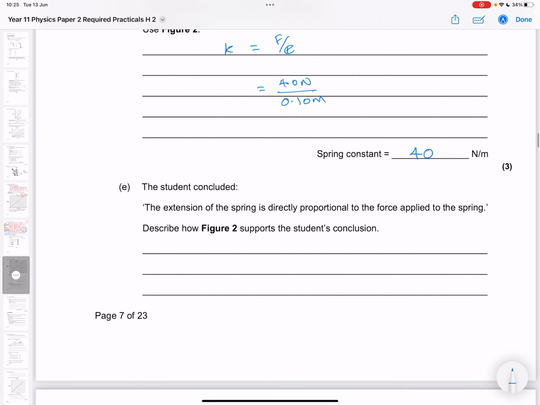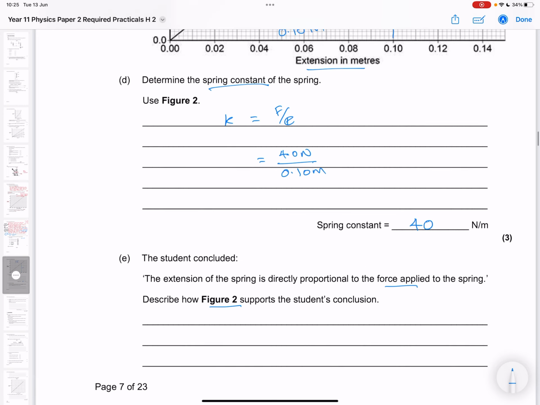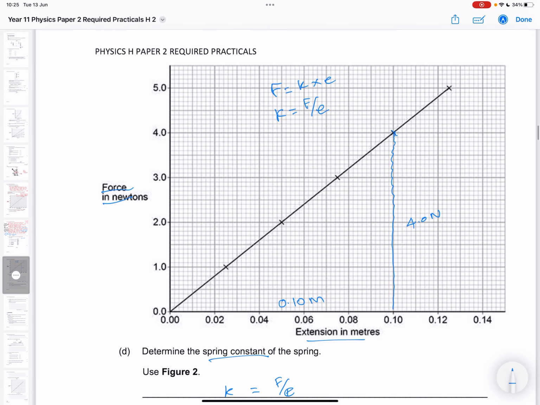Okay, right. So last question. Extension of the spring is directly proportional to force applied to the spring. Describe how figure 2 supports it. Figure 2 supports it because it is a straight line. Also, it is going through the 0, 0 origin.